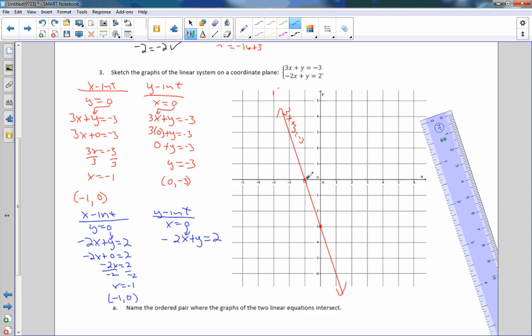So I go over to (-1, 0), and put a dot right there. Then I plug in 0 for x, so I get negative 2 times 0 plus y equals 2. 0 plus y equals 2. y equals 2 when x is 0.